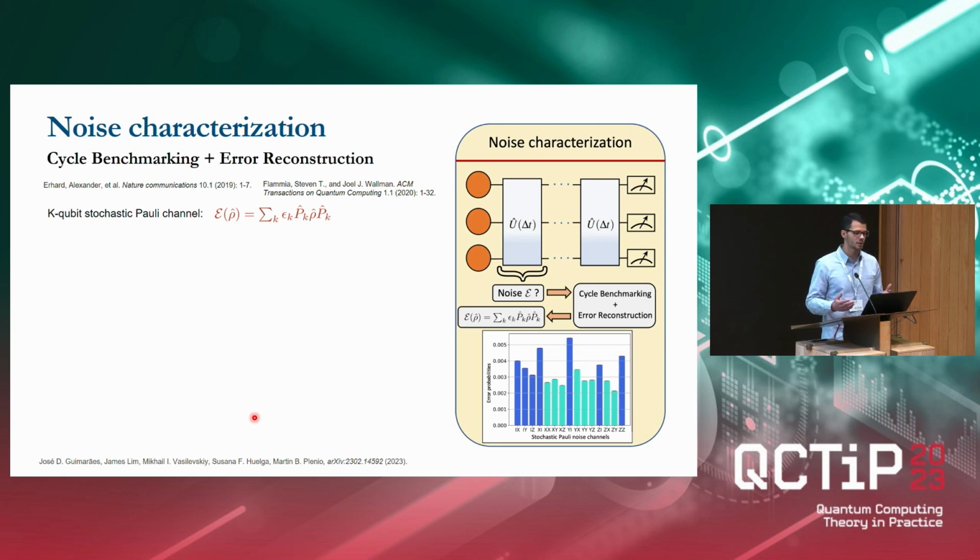Then we reconstruct the error such that the output of this procedure is a k-qubit stochastic Pauli channel. It's something like this, where epsilon k is the error probability, associated with the dissipative Pauli interaction Pk. This Pauli string Pk acts on k nearest neighbor qubits.